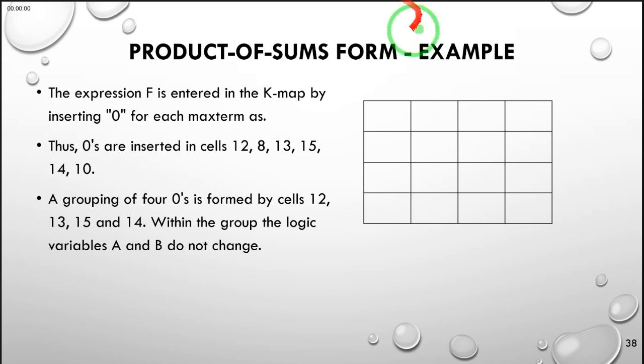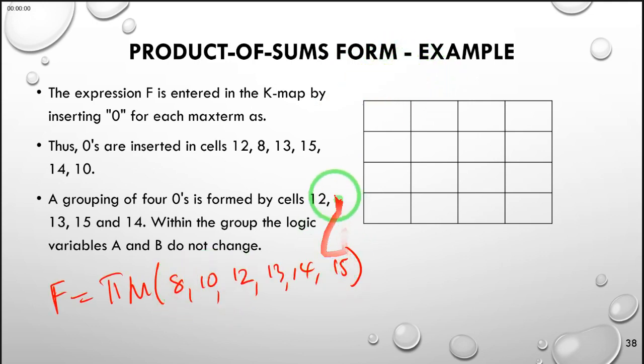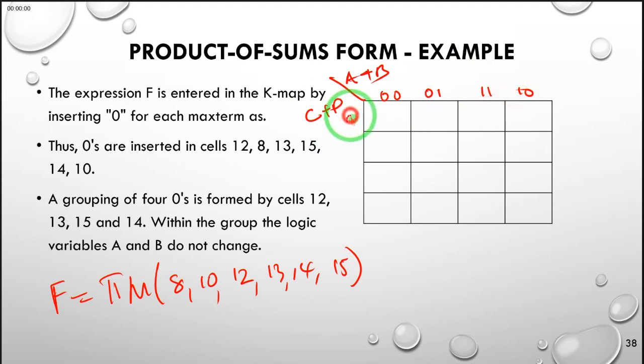So again, we have said that F is equal to the product of max terms 8, 10, 15. And if you remember, we have A or B here and C or D here. Notice the change in notation. This is 0001, just like we said earlier.